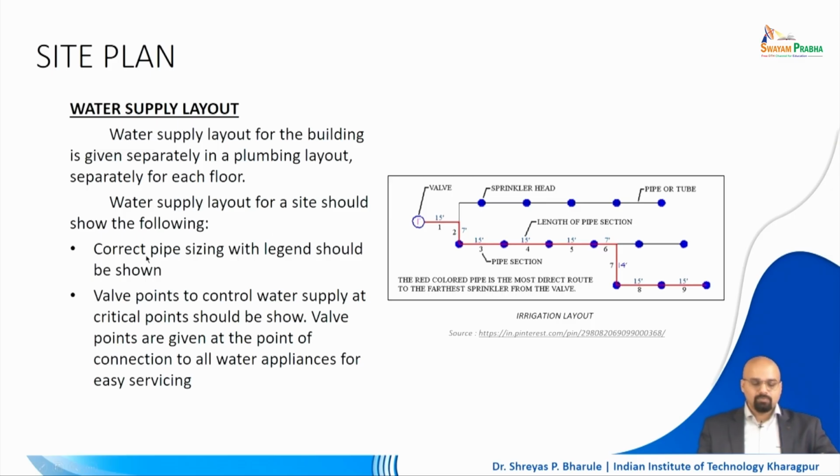Next, what is important is your valve control points, or places from where you can actually close the water line, which are to be provided. Along with that, you also need to give connections to all the appliances which are going to consume water, right. Particularly, your valve should also be located right before the connection of the water.